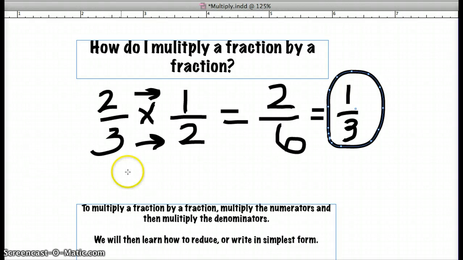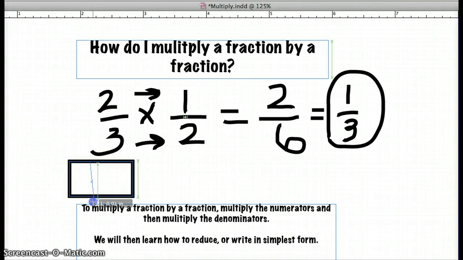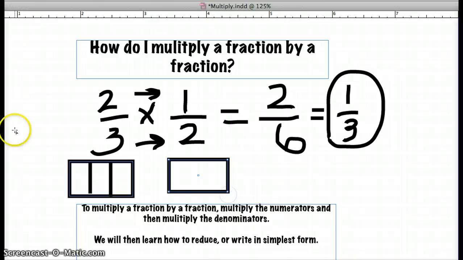Something else we could do is we can make a model to represent that. So we're going to make thirds over here, and then we'll make a half here. When we multiply fractions, we think of the multiplication sign as an "of." What is 2/3 of 1/2?